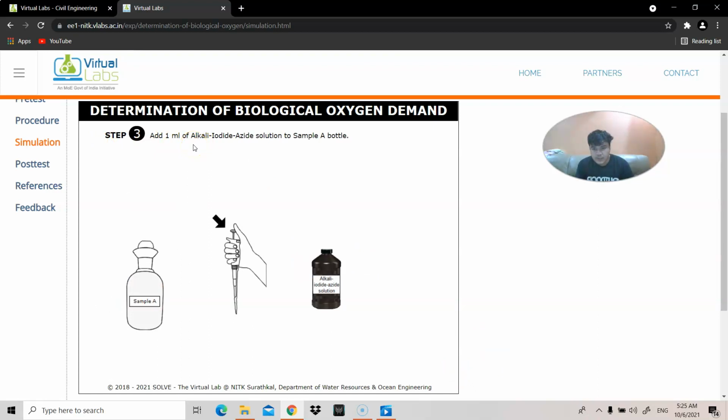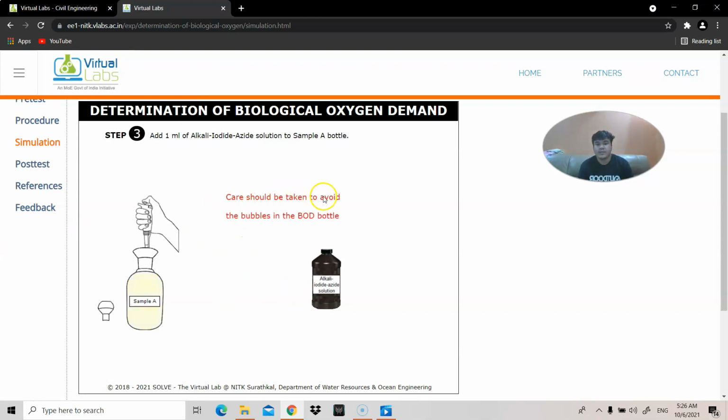Add 1 ml of alkali iodide azide solution to sample A bottle. Close it first. Care should be taken to avoid the bubbles in the BOD bottle.